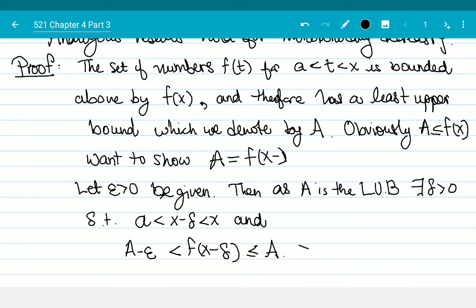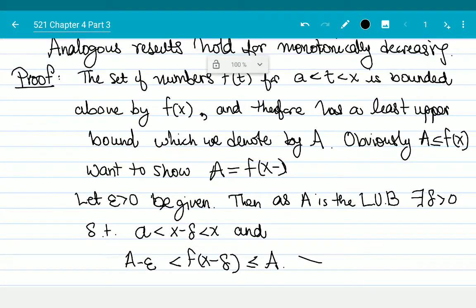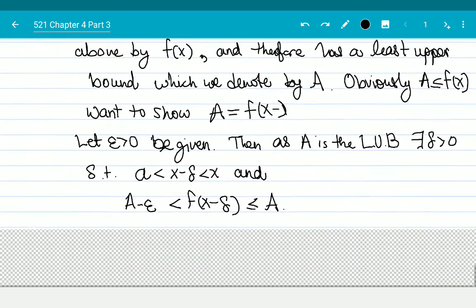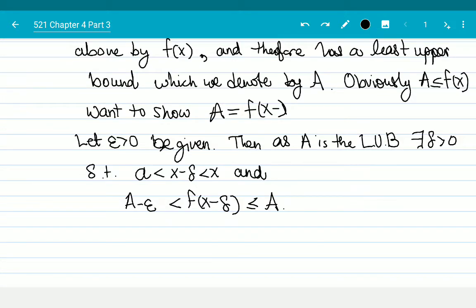Technically, it says that this should be true for every y in x minus delta to x, that f of y should be between a minus epsilon and a. But for now, we are going to hold this.